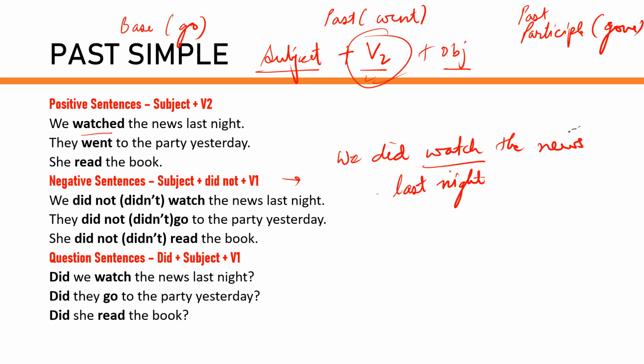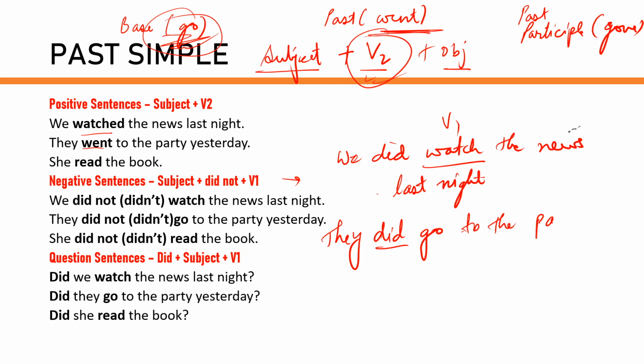So we will just use it as the first form. They did go. Now, as you know, this is the base form of go. We added did instead of went. Instead of went, we're adding the first form, which is go. They did go to the party.